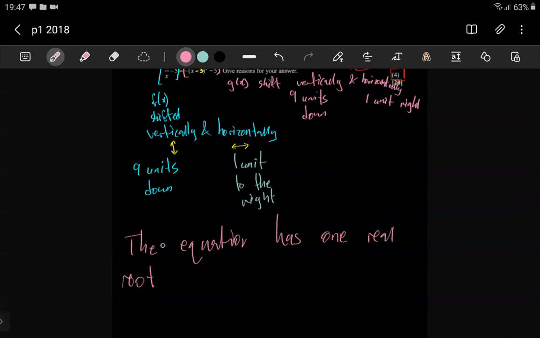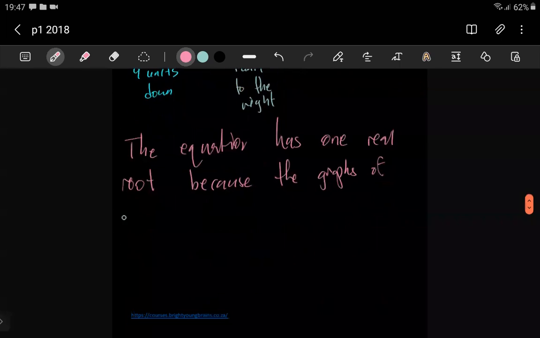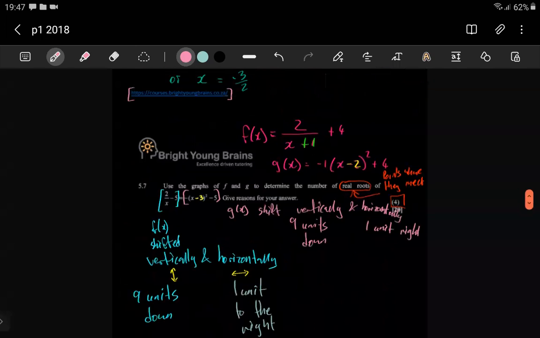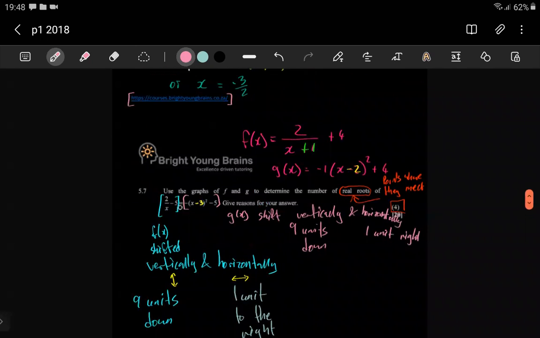That's going to give us a mark. The equation has one real root because the graphs of f and g meet only once. Full stop.